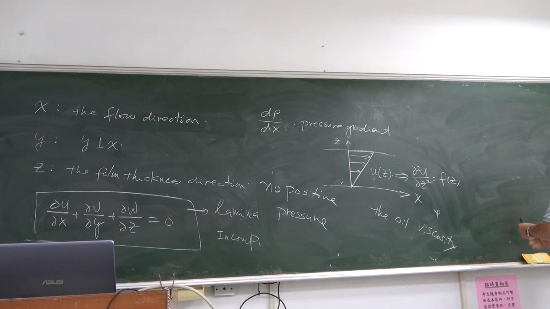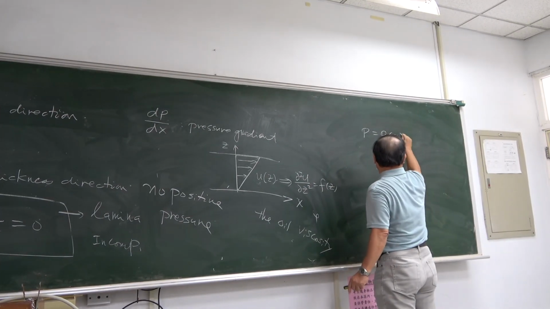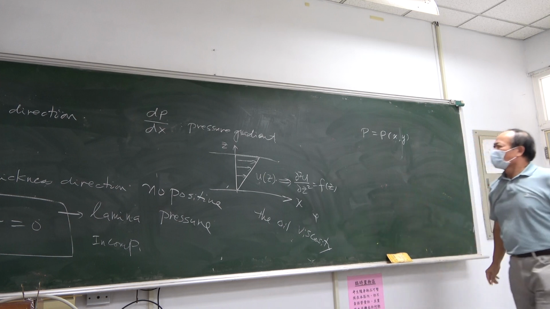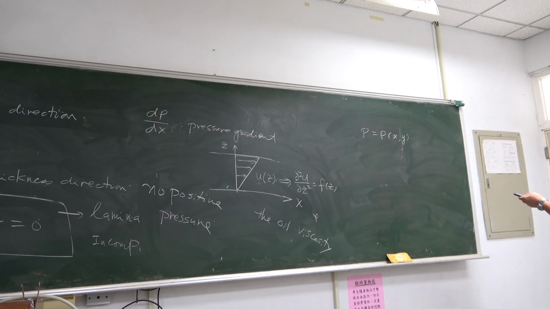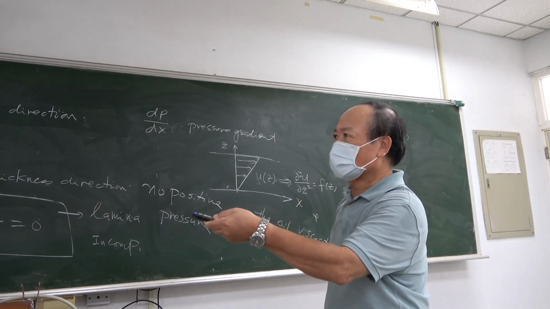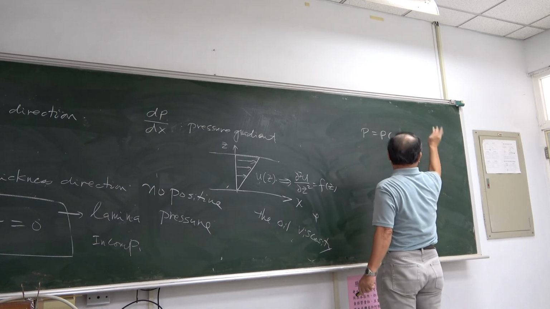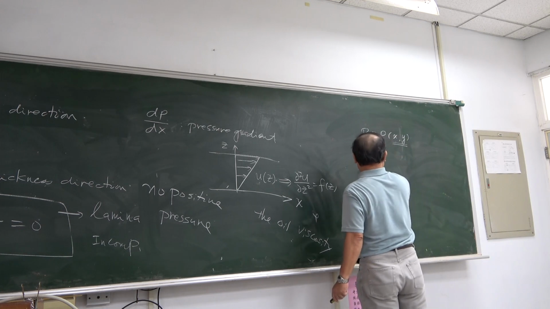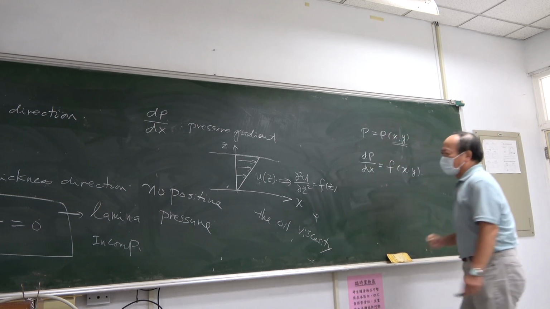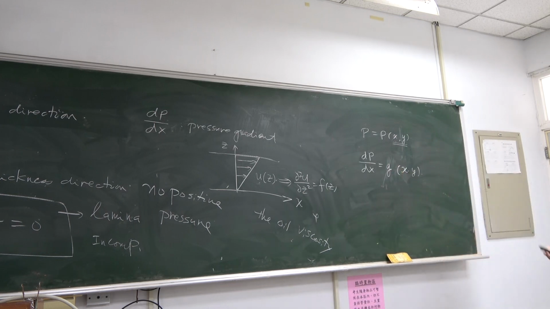We obtain that P is a function of x and y only, not a function of z. So dP/dx shall be a function of x and y only.